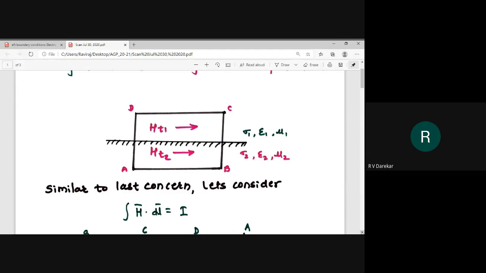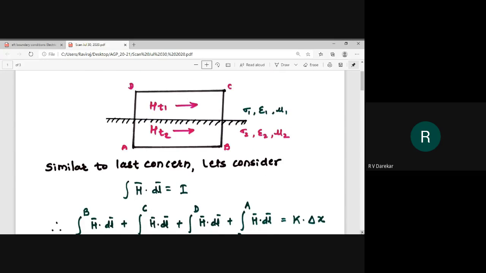Therefore, we can compare these two theories, electric field and magnetic field, as part of field theory, exactly similar to circuit theory, so that the concept will be clearer.